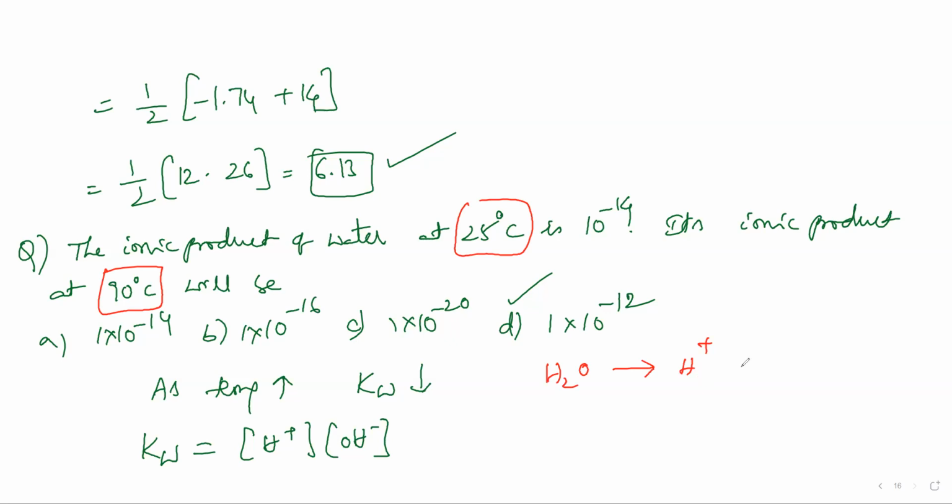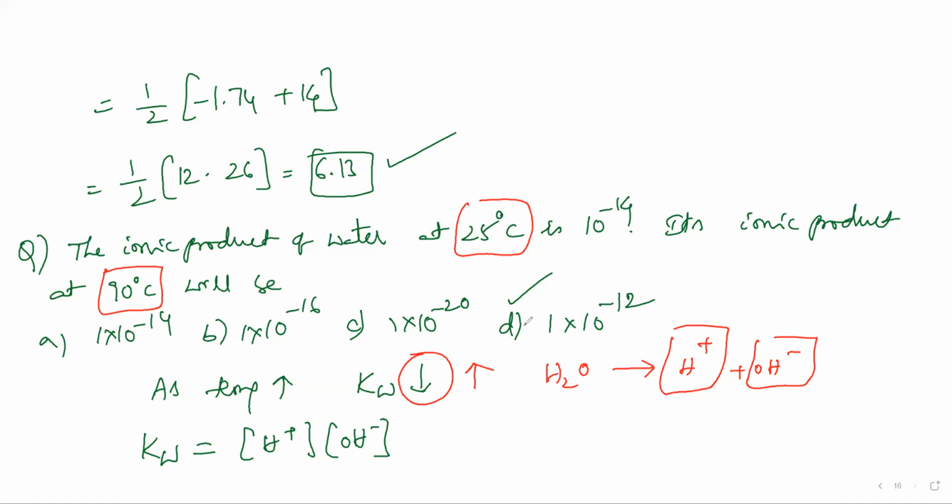Increase, sir. That means concentration of H plus ions increases, concentration of OH minus increases. So as the temperature increases, ionic product will not decrease. Ionic product of water will increase because you will get more number of H plus ions and more number of OH minus, because degree of dissociation will increase.